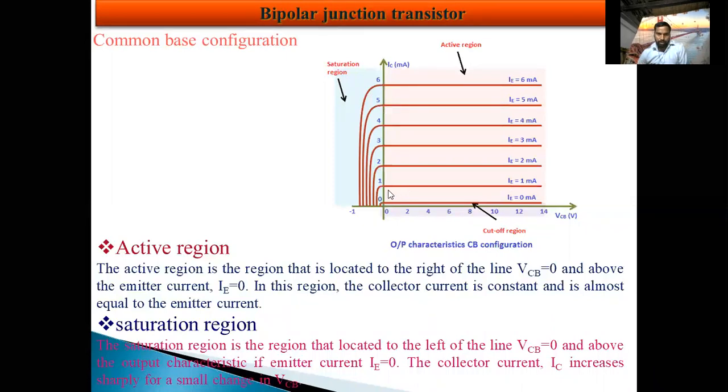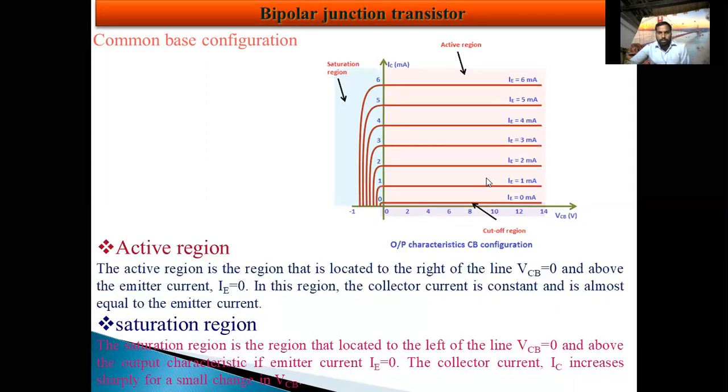In that particular region the current is constant, and that region acts as the active region. At that time the input acts as forward bias and the output acts as reverse bias.